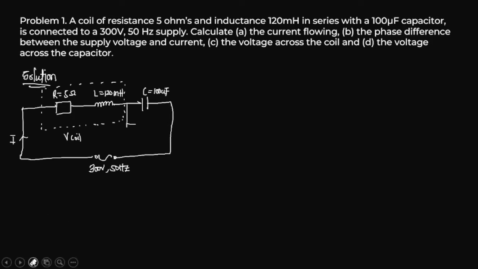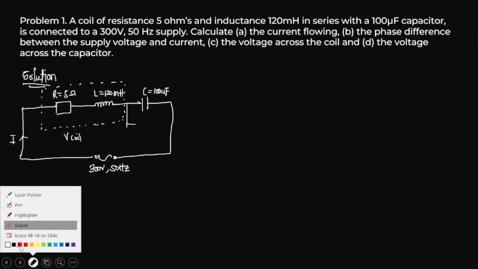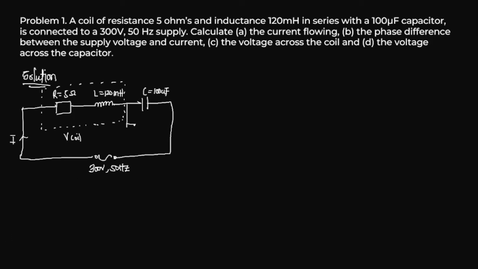The voltage across the capacitor is still our capacitive voltage. So this is how the circuit diagram is going to look for this particular problem. Note again that the coil, or V coil, has the resistance and the inductor in it as one. Now the first aspect of the question is demanding that we find the current flowing through this particular circuit.